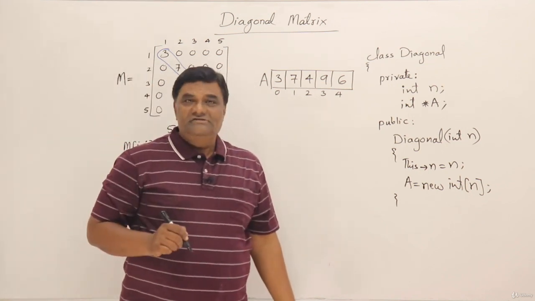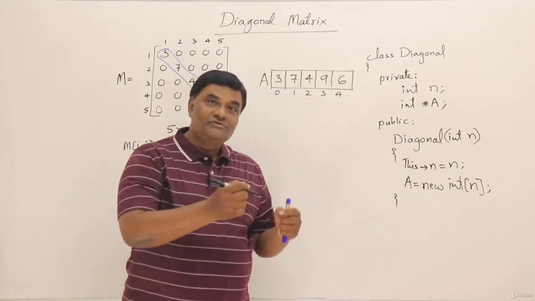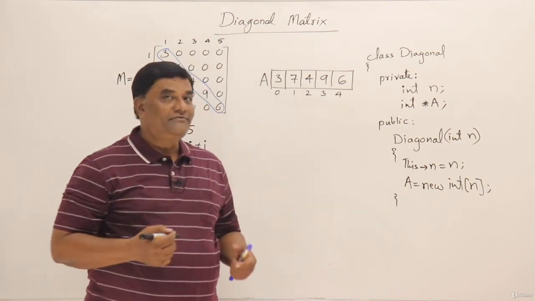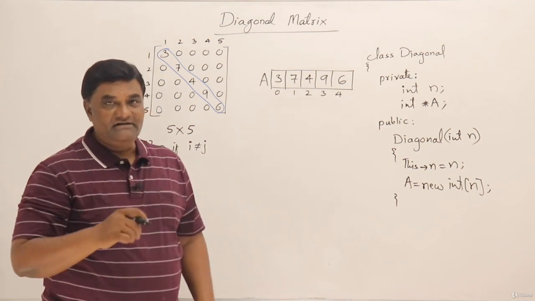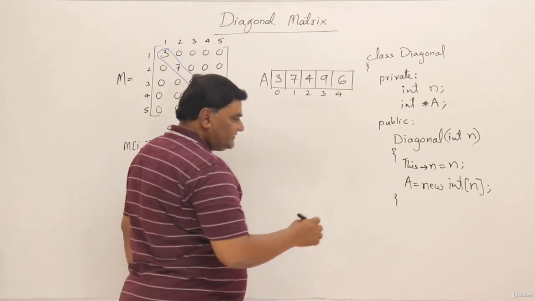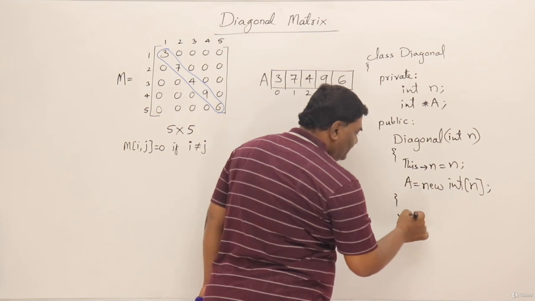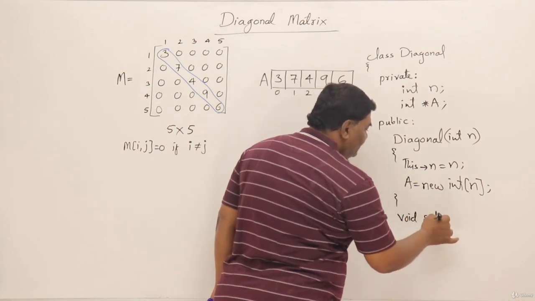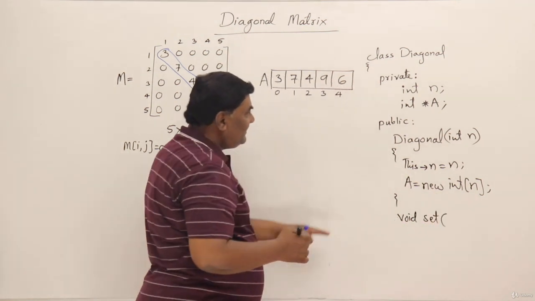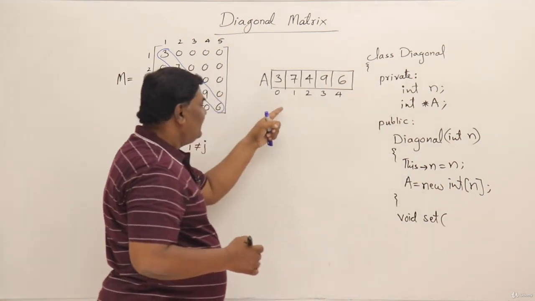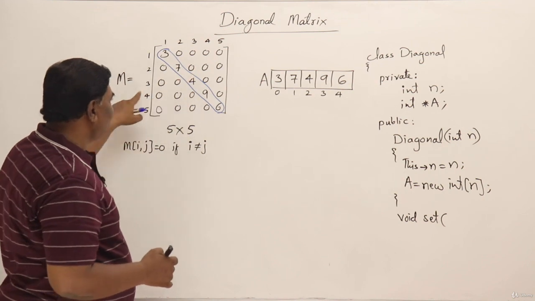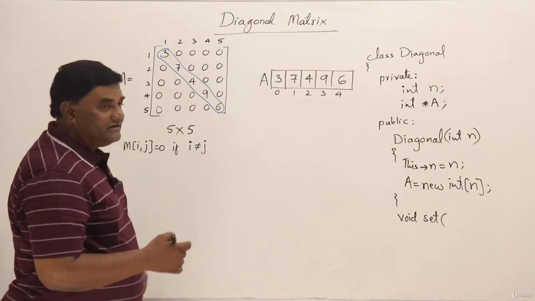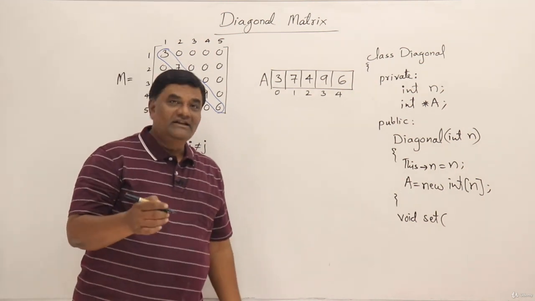Then what are the other functions I need? I need functions for storing the data and retrieving the data. So I need functions like setting the data and getting the data. I will write those two functions. Void set. This set will store the data in this array, that is for this matrix. For a matrix, I need to know the row number and column number, as well as the element.